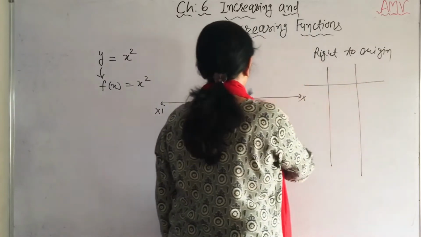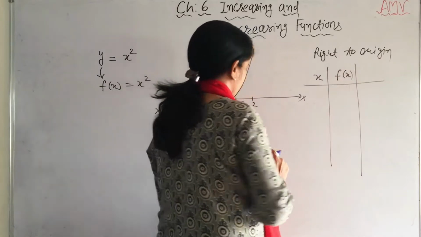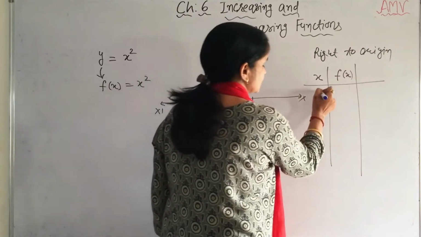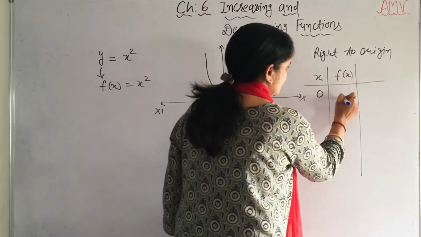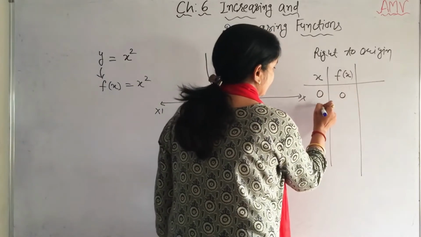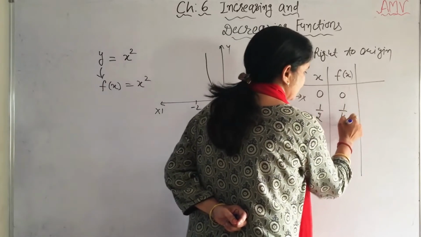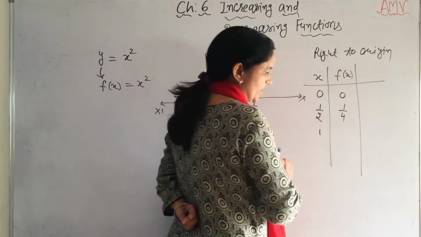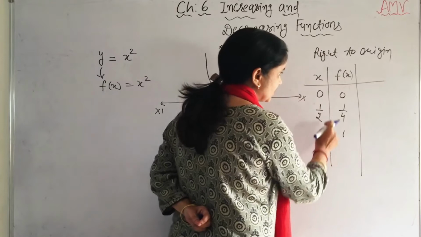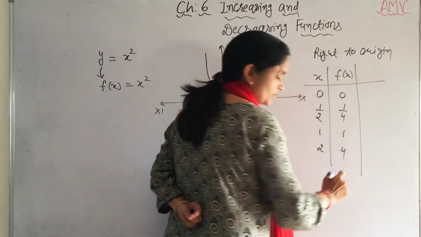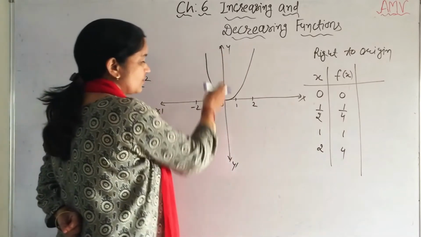Here I am writing the value of x and then f(x). If x is 0, then f(x) is also 0. Suppose we take x as 1 by 2, then f(x) is 1 by 4. x is 1, f(x) is 1 square. If it is 2, then f(x) would be 4. Since here f(x) is equal to x square, f(x) means y axis.